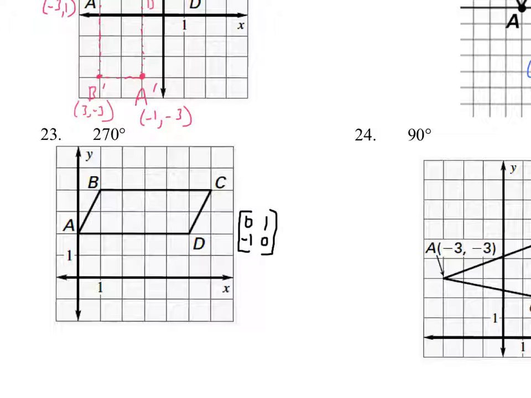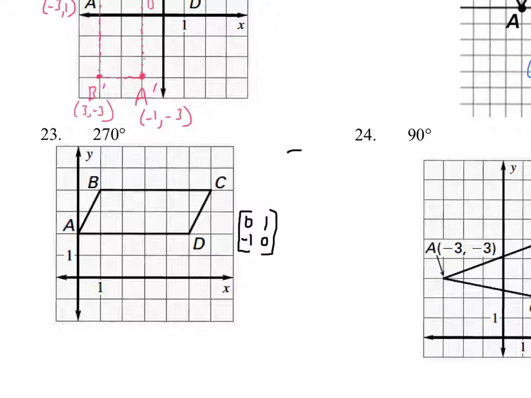So I'm going to go ahead and multiply this the grid method way. One very important detail about doing this is that when you multiply them, the multiplier matrix, the special one that we had to look up, has to go first. And the figure, the quadrilateral in this case, has to go second.